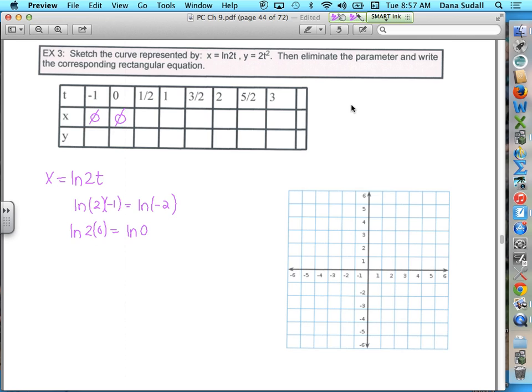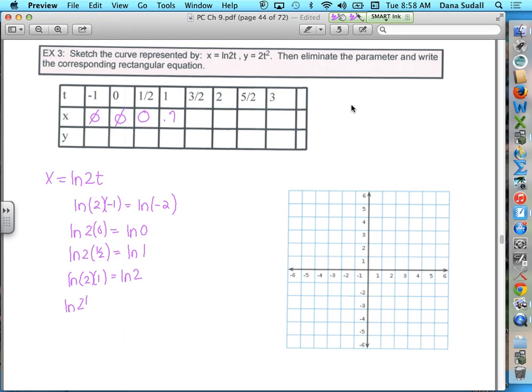Remember, the values that you take for a log have to be positive values. Then you can plug the rest of these in your calculator. The natural log of 2 times 1/2, we don't really need a calculator for this one. Ln of 1 is 0. If I plug in 1, I'll have natural log of 2, and we would like a decimal for that. If you put that in your calculator, you'll get 0.7.